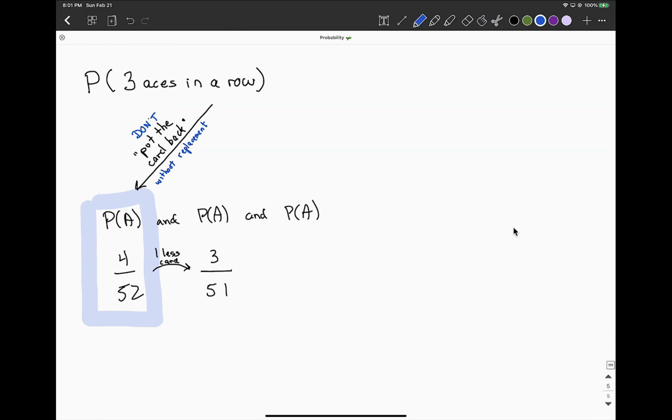Now we're 2 cards in. That second card came out. Now we have even 1 less card. And these are our probability countdowns, where now there's only 2 aces and there's only 50 cards in total.